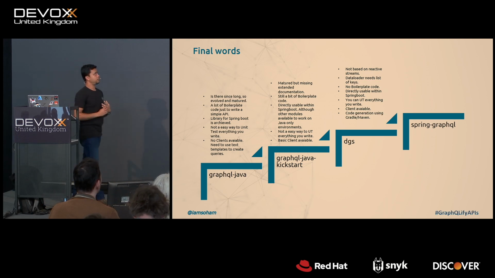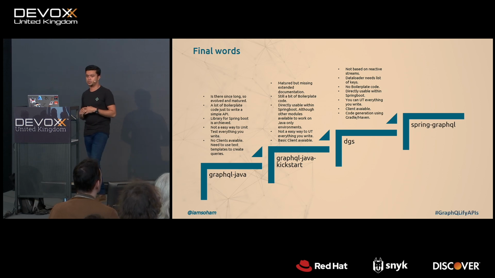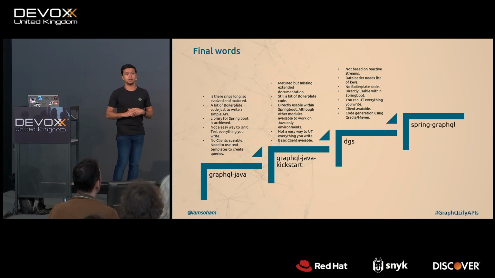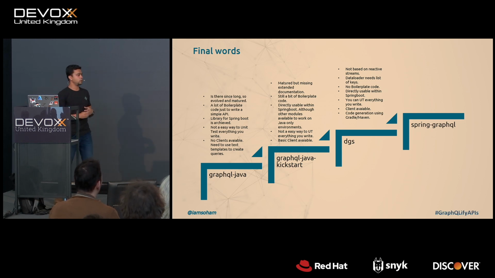DGS, the biggest point of this is it's not based on reactive streams. That's the difference with the Spring GraphQL version. So for an N+1 situation, when you're calling different related entities, they are going to be called one by one, unless you implement something custom to make that happen reactively.